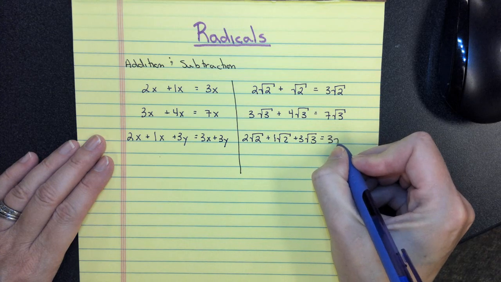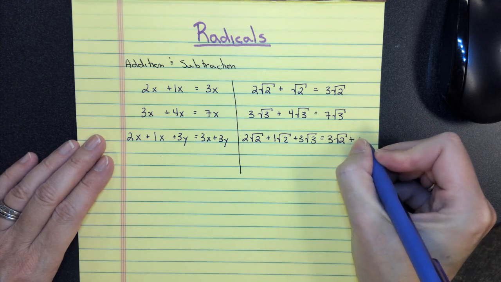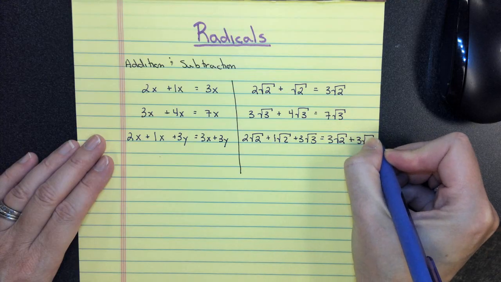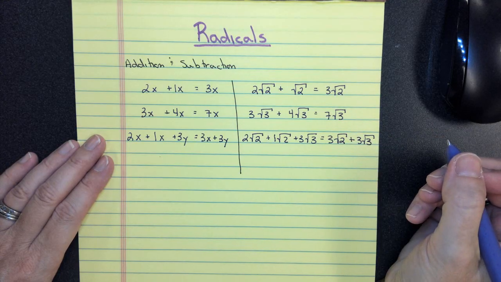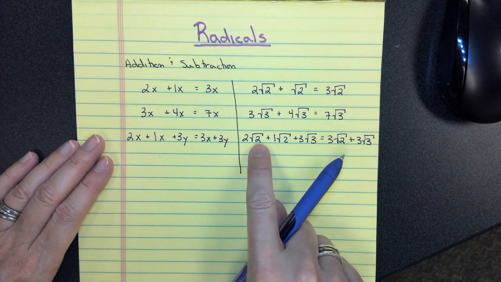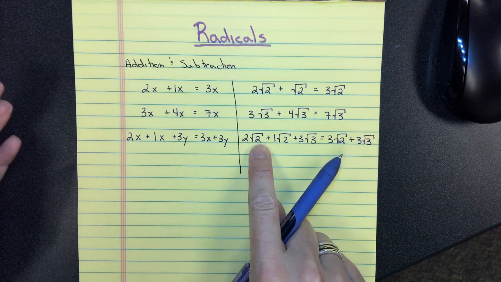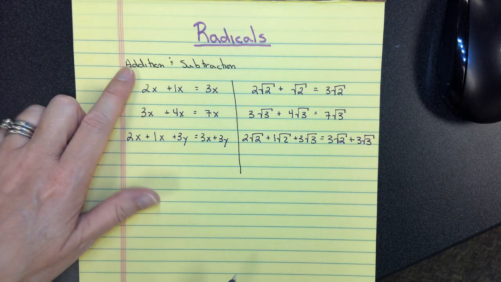That'll give me 3 square root of 2 plus 3 square root of 3. All right, so we want to just make sure we're kind of watching that. Remember, it could be square root of 2, square root of 6, square root of 7, doesn't matter, but the square roots behave like letters when we have addition and subtraction.